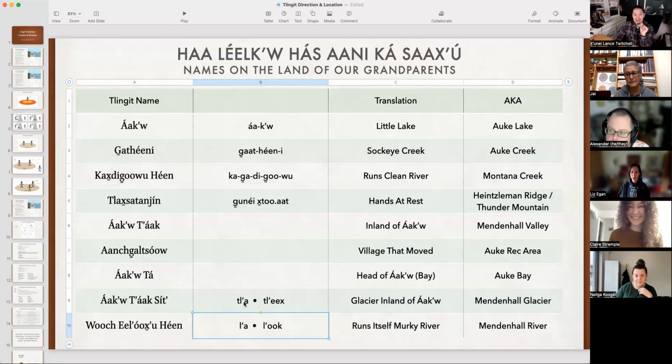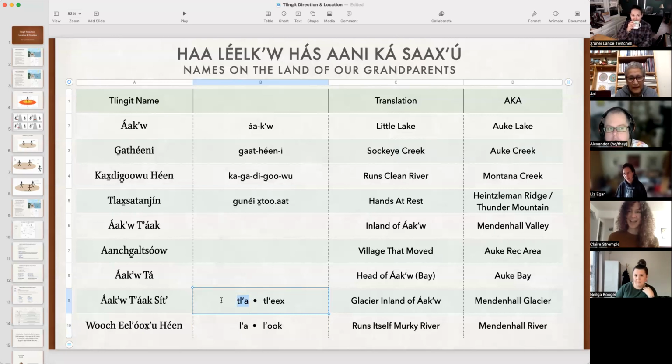But this one comes out fast. Here's what I think is going on in the mouth. This is a squishy, this is a clicky, right?